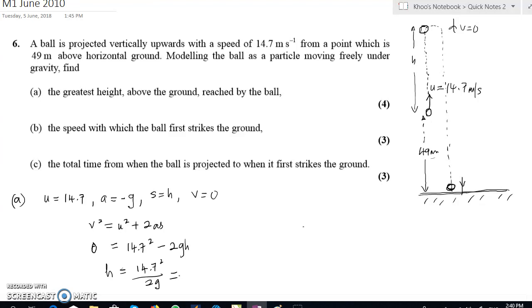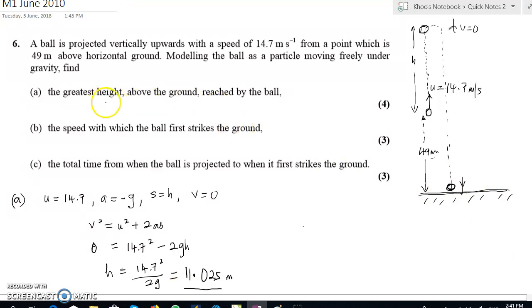Okay, let's put it down. 14.7 squared divided by 2 and divided by 9.8. That gives us an answer of 11.025 meters. So that gives us the height above the point of projection.